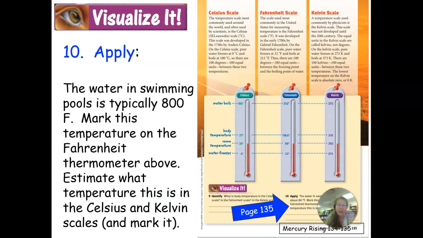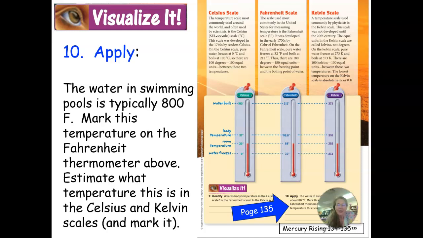So it's wanting you to mark positions on each of the 3 things. And so this one wants you to take 80 degrees Fahrenheit. So you'd find where it was here in Fahrenheit. So here you have 68 and here you have 98.6. So where would you put 80 between those 2 points? And then mark it on the other 2 scales also.